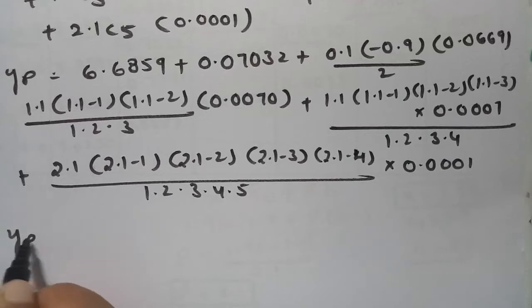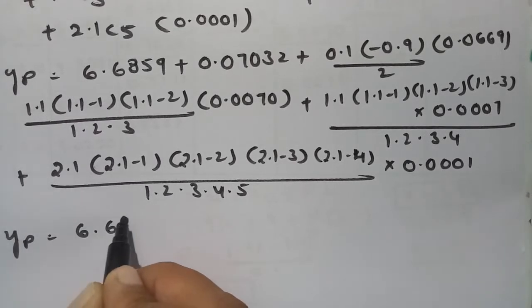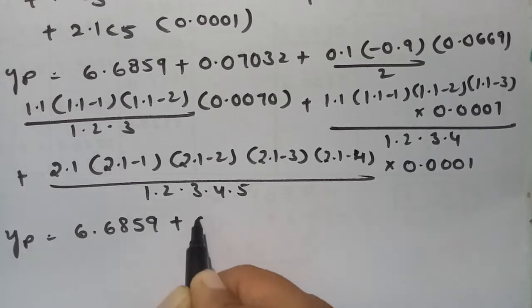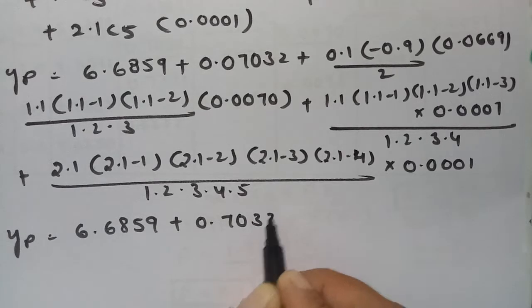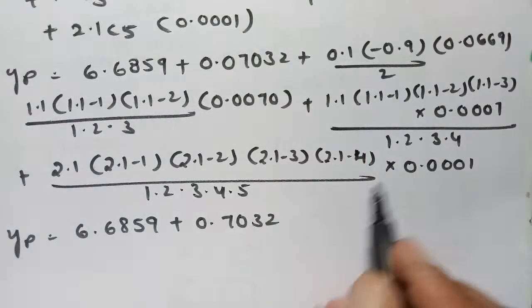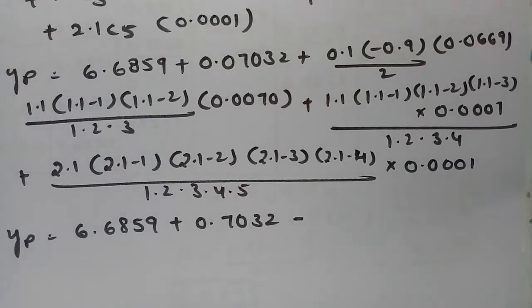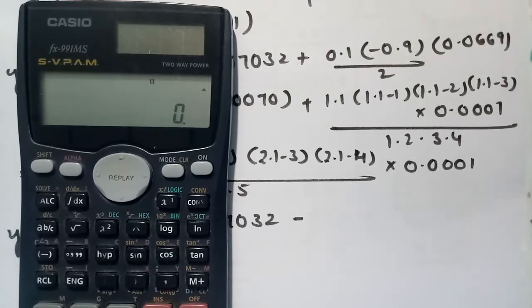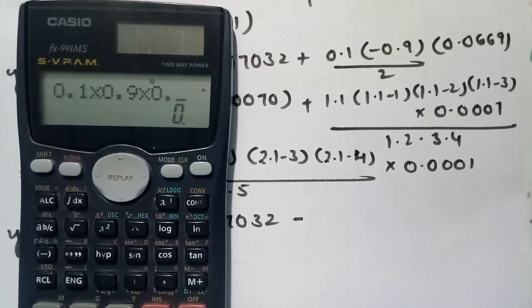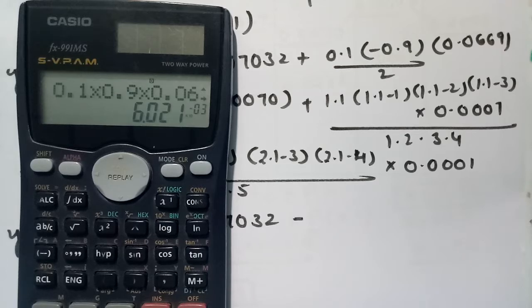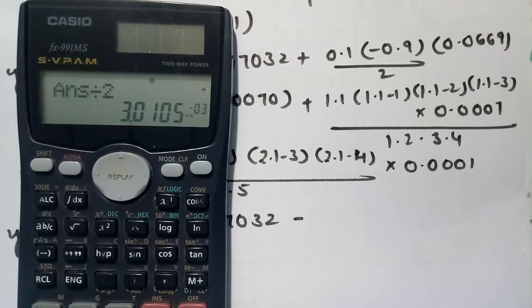See here, YP value is 6.6859 plus 0.7032, and this value is negative. So this value I am calculating here. So this is 0.1 into 0.9 into 0.0669 divided by 2.